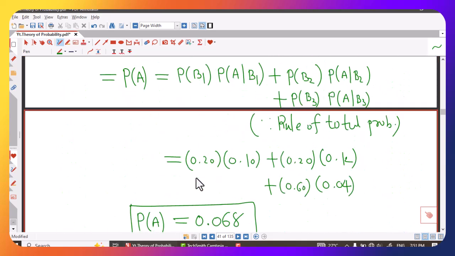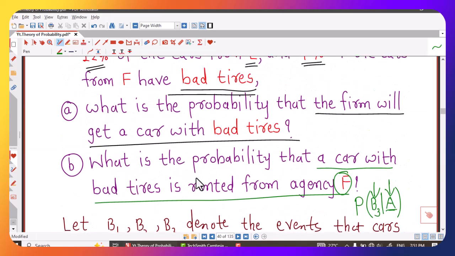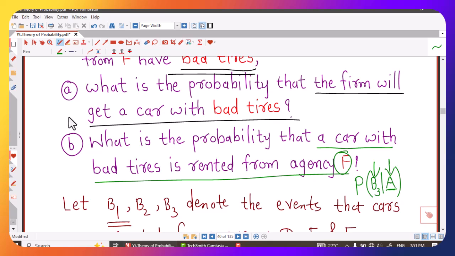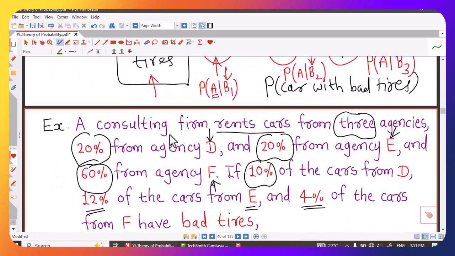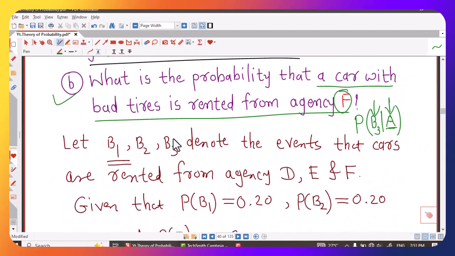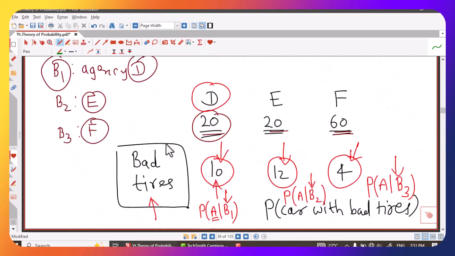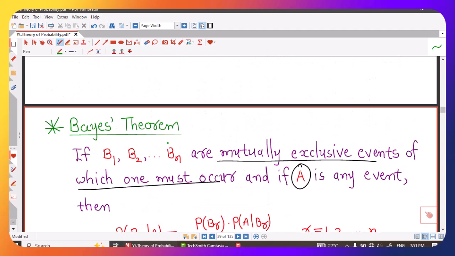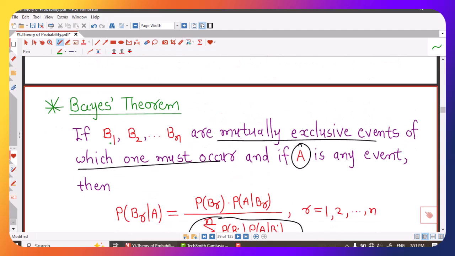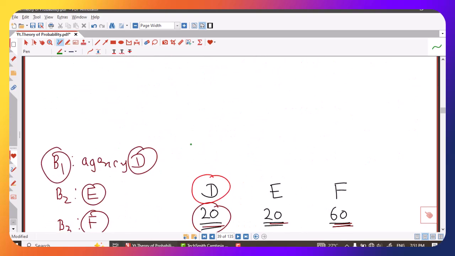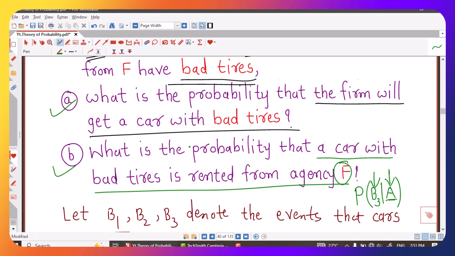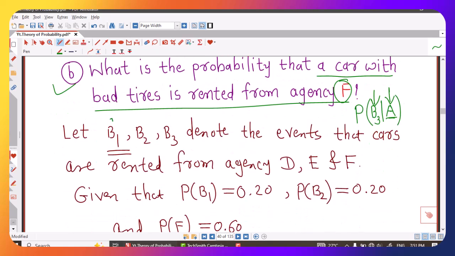So whenever you have this type of problem in which you require total probability or conditional probability, you can use Bayes theorem, provided that the conditions of Bayes theorem are satisfied. Here the conditions are that we must have mutually exclusive events of which one must occur, and we find that these three, B1, B2 and B3, are mutually exclusive events. They cannot occur at the same time.